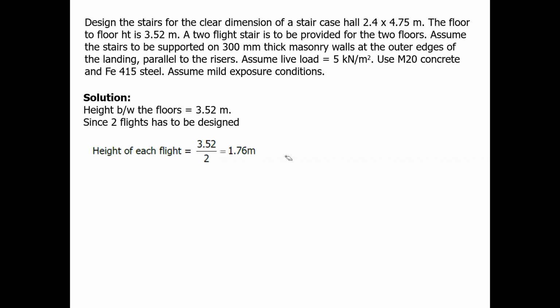Okay. So here you have considered initially 2 flights because it is a dogleg staircase. So in a dogleg, you'll be having 2 flights, right? And here, sir, the rise is not given in the question, isn't it? So here you have to assume the riser. How are you going to assume? Is there any codal specification?